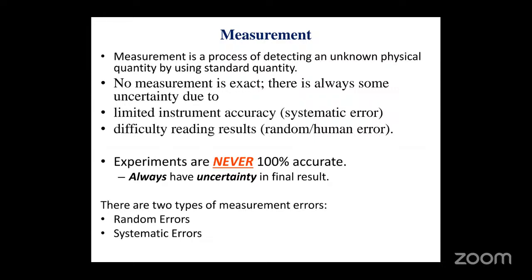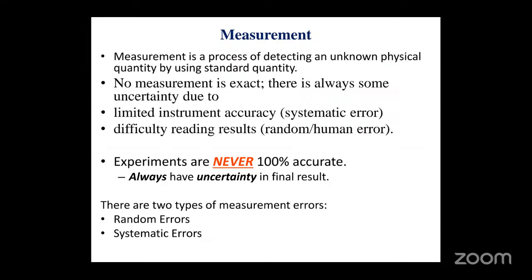Then for systematic error, that's error that comes with the apparatus. Maybe the apparatus is faulty or is not standardized, is not calibrated. In that case, if it needs to be recalibrated, the apparatus should be recalibrated to minimize systematic error.